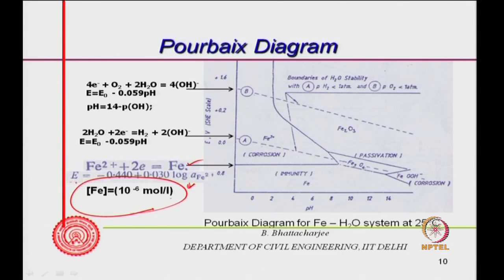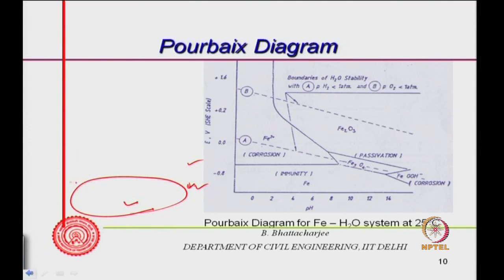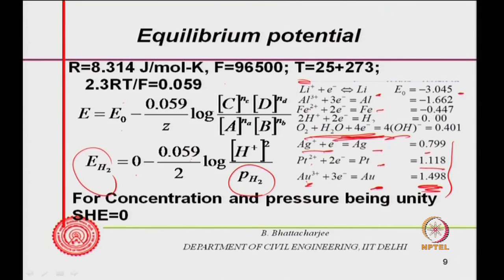So, E is constant if I put some concentration values of Fe, because this will relate to concentration, 2.303 etcetera. If you come to this equation, 0.059 by 2, in case of the iron reaction, because Fe dissolves into Fe2+ plus 2 electrons.